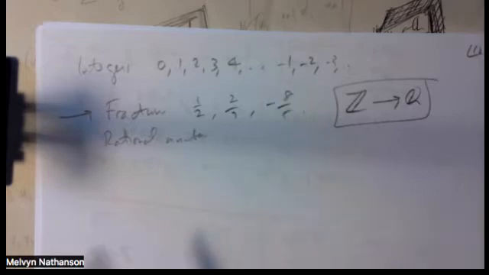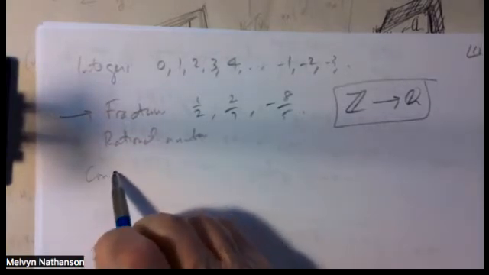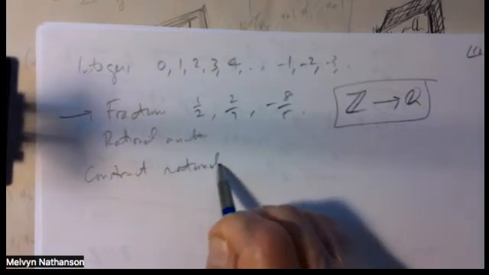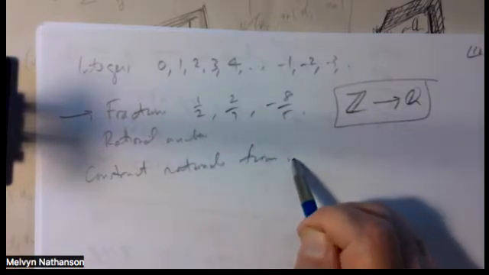And in the integers, you can't always divide one integer by another, but in the rationals, you can always divide one rational by another and get another rational number. And there was a process of constructing rationals from integers.